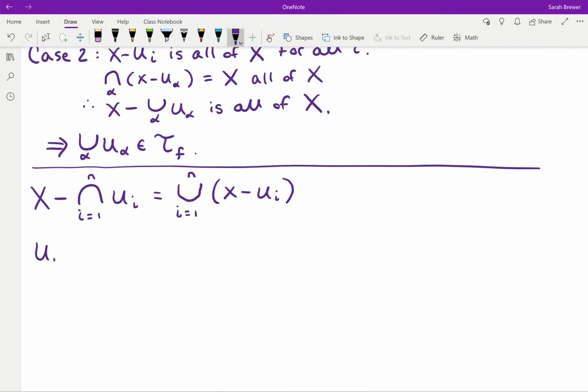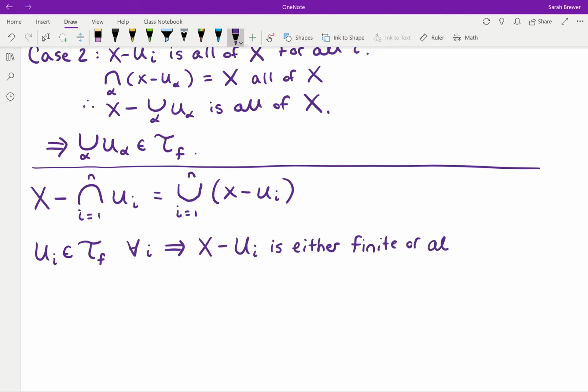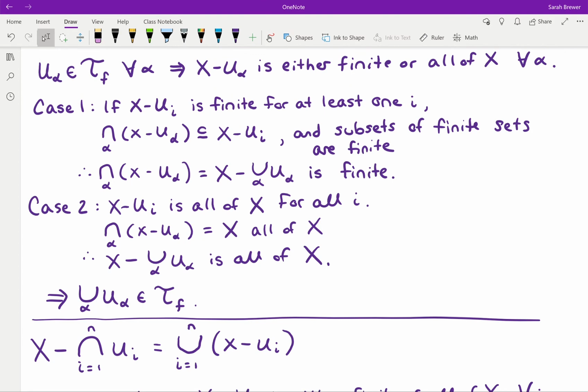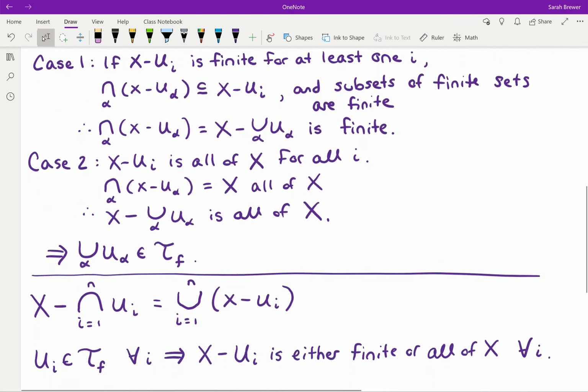So since we know that each of these is in our topology for all i, we know again that means that this is either finite or all of X for all i. Okay. And just like this criterion, we're going to have several cases here also.